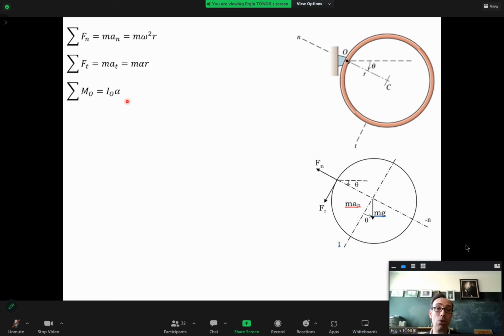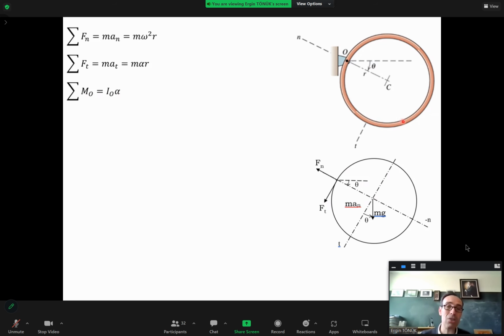Now, for the ring, the mass moment of inertia is not given, but remember the radius of gyration. If you had a distributed mass in a body, you can collect the same mass on a ring whose radius is equal to the radius of gyration.